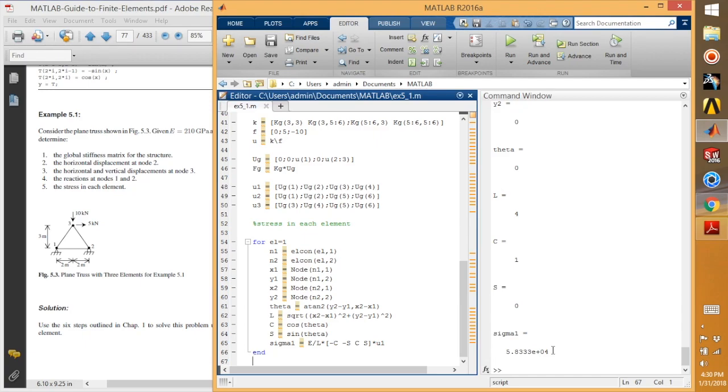Correct. For finding the sigma for element 2 and 3, you simply have to replace this element equals 1. This time you will replace this one by element 2, and this U1 will be replaced by U2, and similarly for element 3.